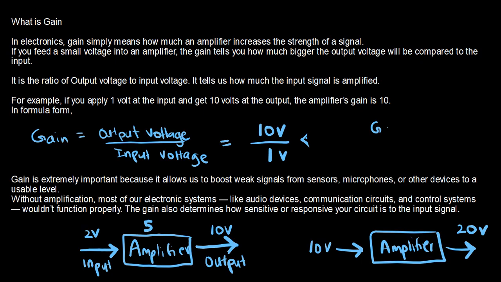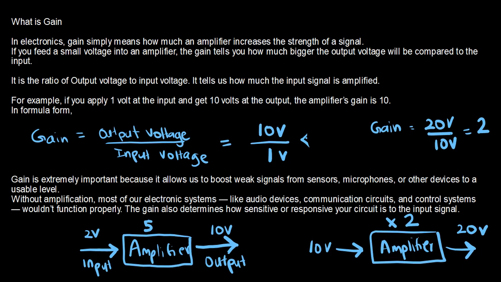The gain, I'm going to write here because I don't have space, is equal to the output voltage, which is 20 volts, divided by the input voltage, which is 10 volts. So it has a gain of 2. When you provide 10 volts in, that is multiplied by a gain of 2, which produces an output voltage of 20 volts.